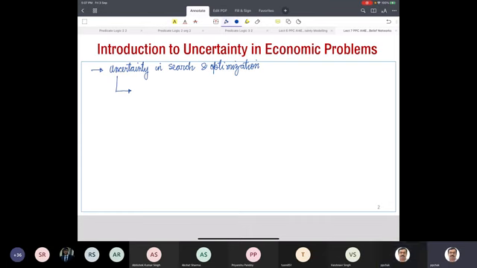Due to what are the reasons? Risk. Environment. Opponent. Policy change. Other agents who may be collaborative or competitive, right? Yes, sir. And then there was incompleteness also, which we discussed.